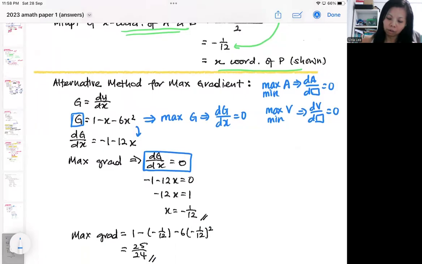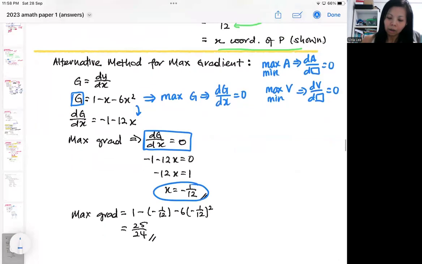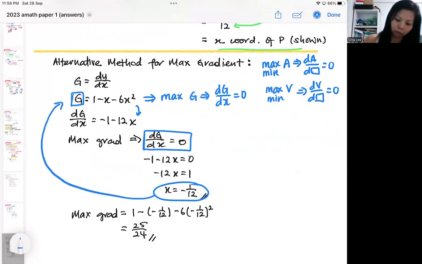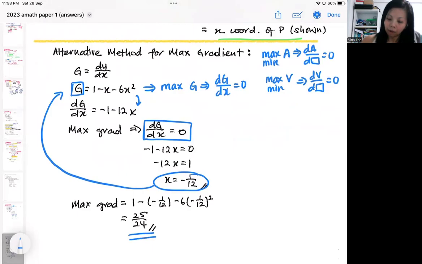If you go with it, you also get the x coordinate. And if you put the x coordinate into the gradient formula, you also get the maximum gradient. And of course, you can also justify that it is actually the midpoint of AB.